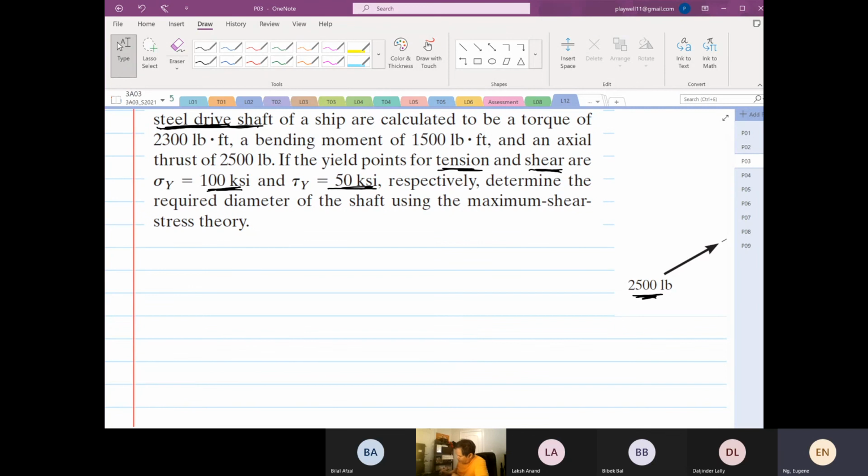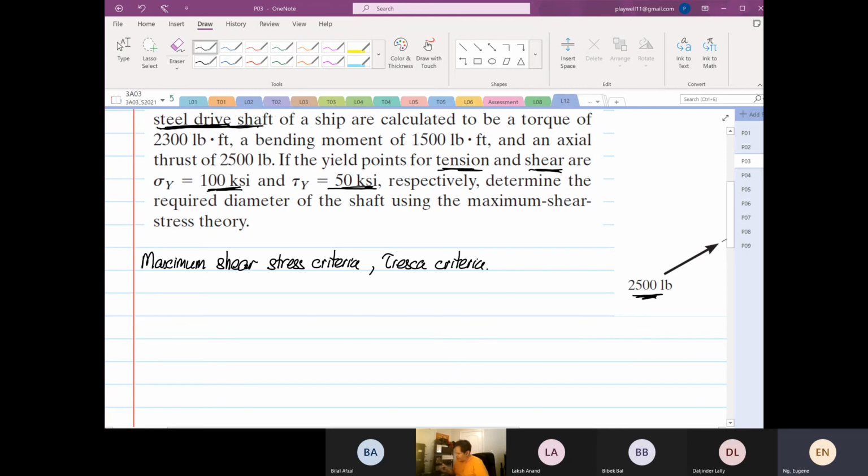So now we know that the maximum shear stress criteria is also known as what? Tresca. It's also known as Tresca criteria.